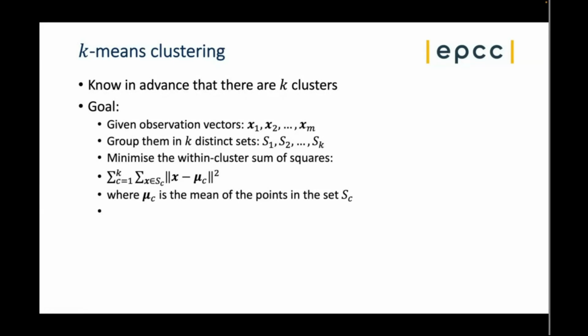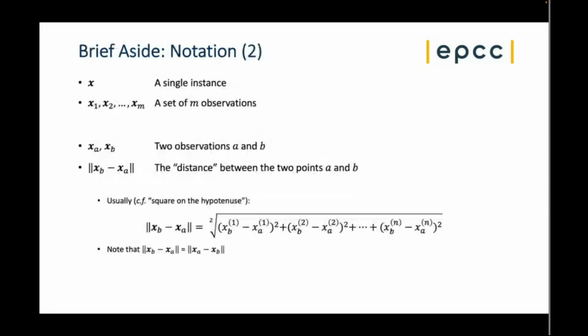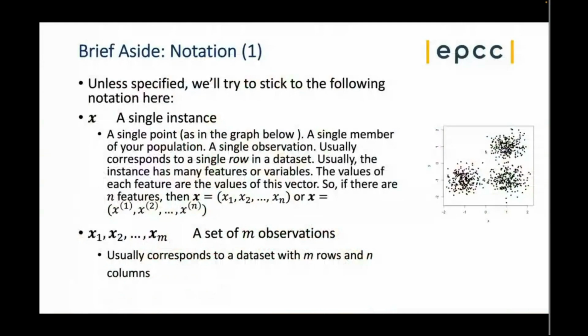We are trying to minimize the within cluster sum of squares. So what we're trying to do is, given the points, arrange them such that each cluster will have some sort of central point, some mean value, which we have to work out.